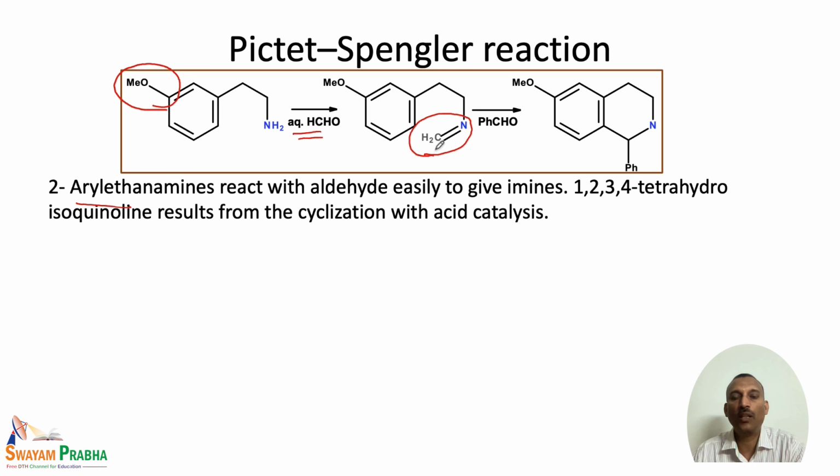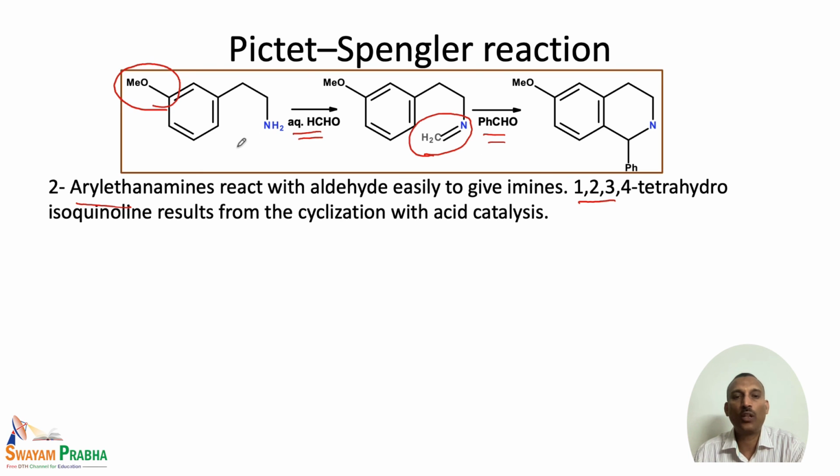So, the imine is the first intermediate that is formed, and treatment with the second aldehyde unit leads to the 1,2,3,4-tetrahydroisoquinoline moiety after cyclization, and this can be converted to the corresponding isoquinolines after treatment with palladium on carbon. Dehydrogenation leads to the final isoquinoline derivatives.